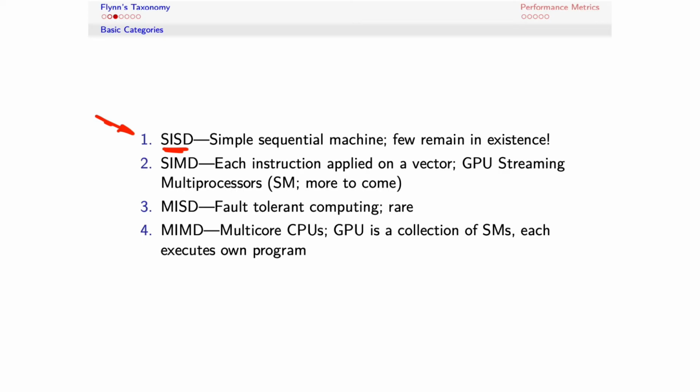For a very long period of time, as we talked about when we were looking at the evolution of processor architectures, all we had really were SISD processors, at least in the microprocessor space. So it's a simple sequential machine. There's one stream of instructions running on one stream of data. If you think back to ICS or computer architecture, you've got one program counter that's bringing instructions in from memory.